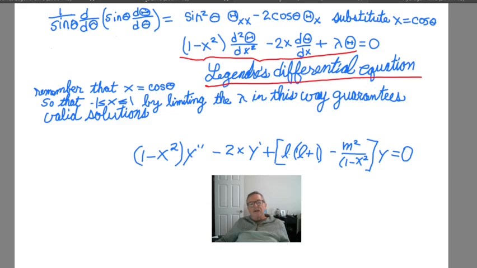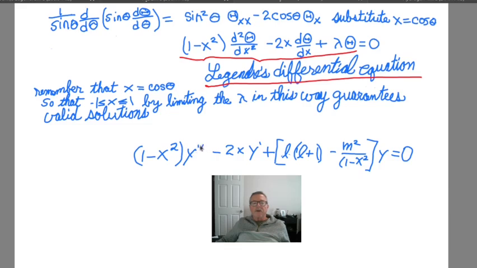Sine squared theta, second derivative, minus 2 cosine theta, substitute x for cosine of theta. There's the x, the constant here doesn't change, and there's the 1 minus x squared, and there's the second partial of theta with respect to x. So we have accomplished what we wanted to. How do we get down here? Well, you just pretend that this is y, the function y with respect to x. There you've got it.